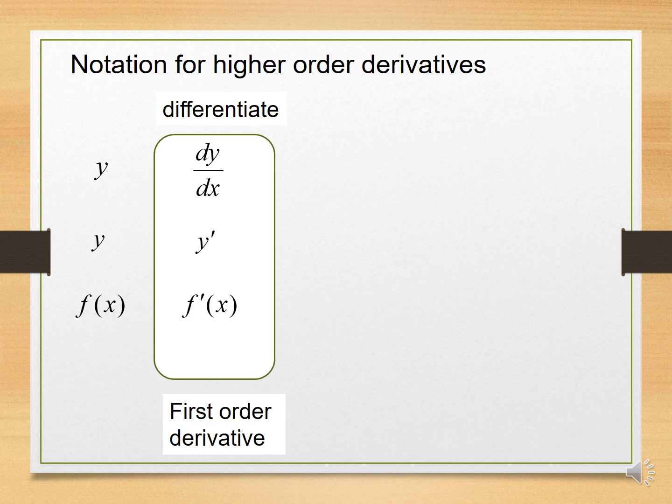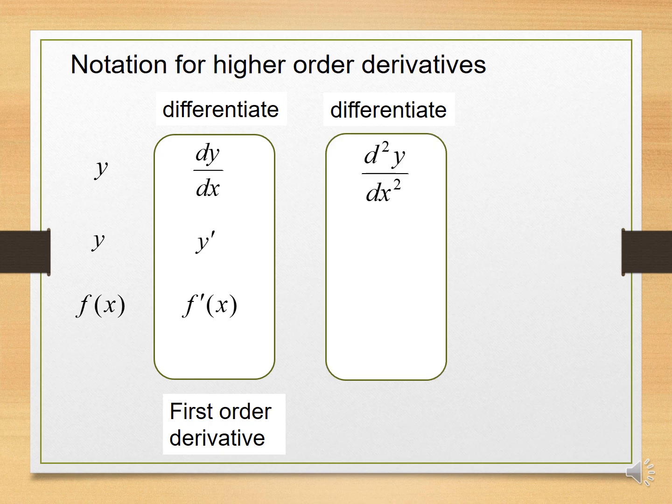This one we call the first order derivative. If we differentiate again, dy/dx becomes d2y/dx squared, y prime becomes y double prime, and f prime x becomes f double prime x.